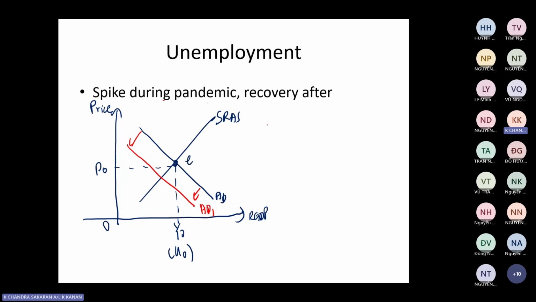This drop is because of investment, consumption, and net exports falling. So this reduces the aggregate demand. At the same time, during this period, we have disruption in the supply chain.